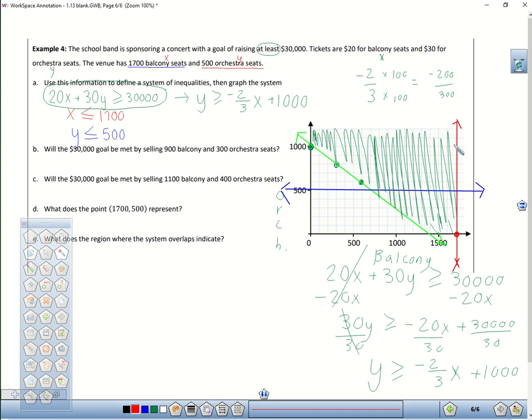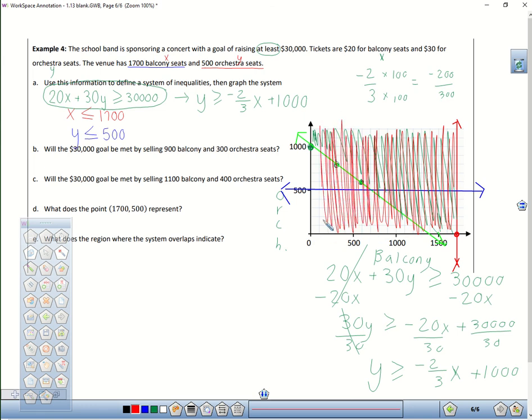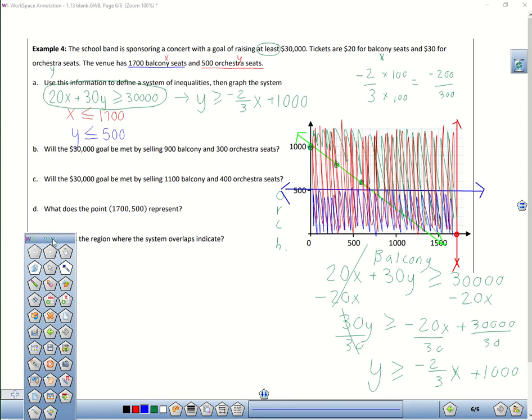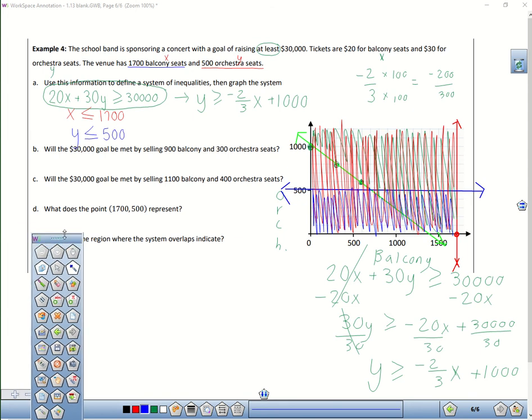So all the values for x that are less than 1,700 are on the left. You can also do the 0, 0 trick if you prefer to. And then lastly, we have y values that are less than 500. Well, those are all going to be down here. So now we have our shaded in graph, and we can use this to help interpret the problems.